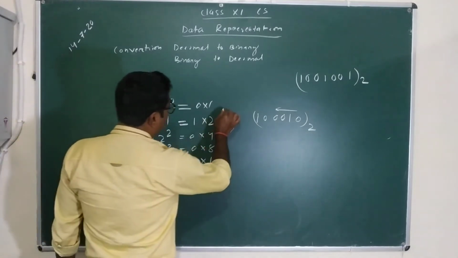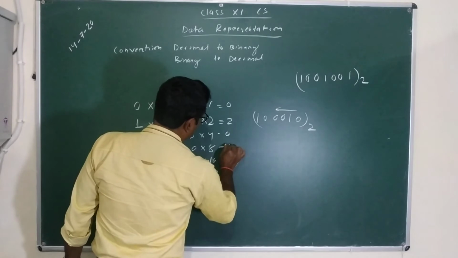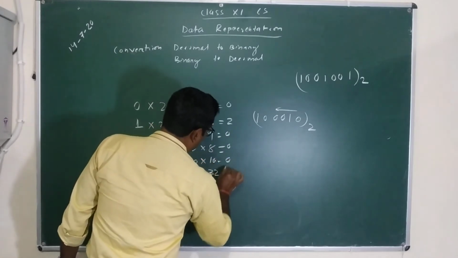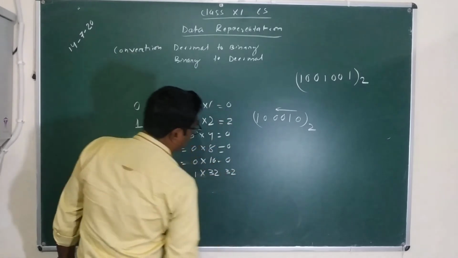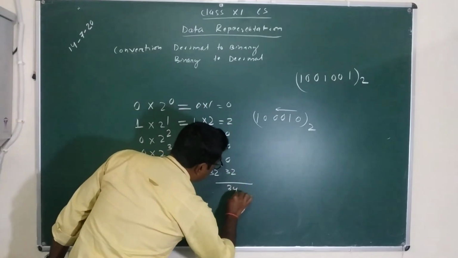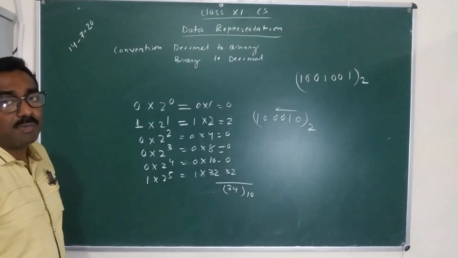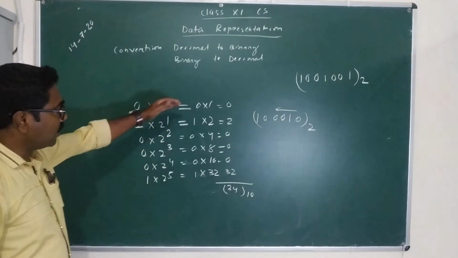Now we have 0, 2, 0, 0, 0 and 32. Now add these: 32 plus 2 is 34, the equivalent decimal number of that particular binary number.